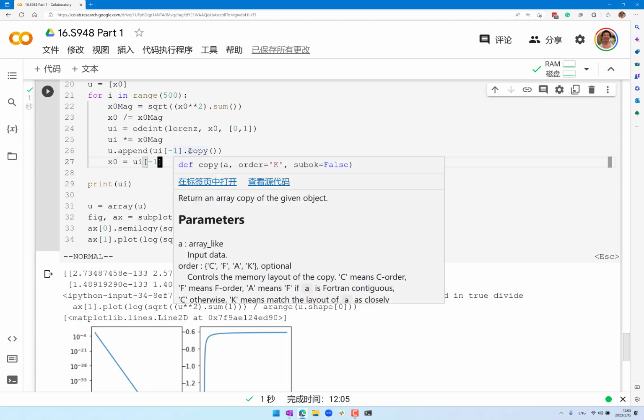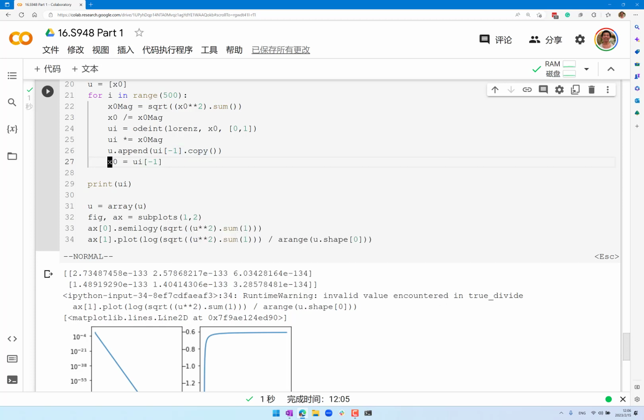If I don't make a copy, what actually happens? What happens is x0 is basically not a copy of the last element of ui. It's just a reference of the last row of ui. And then when I do x0 divide equal to x0 mag, it basically rescales the last row of ui, which is what was appended in the previous u, right?